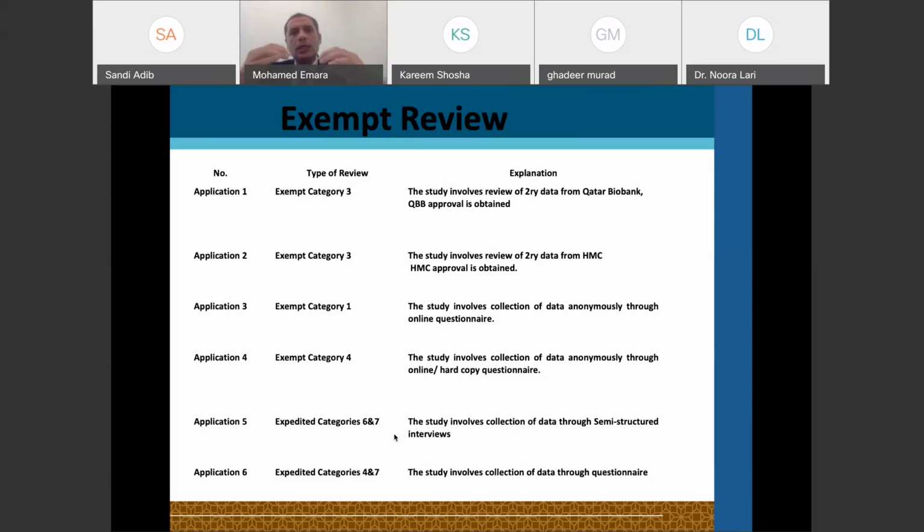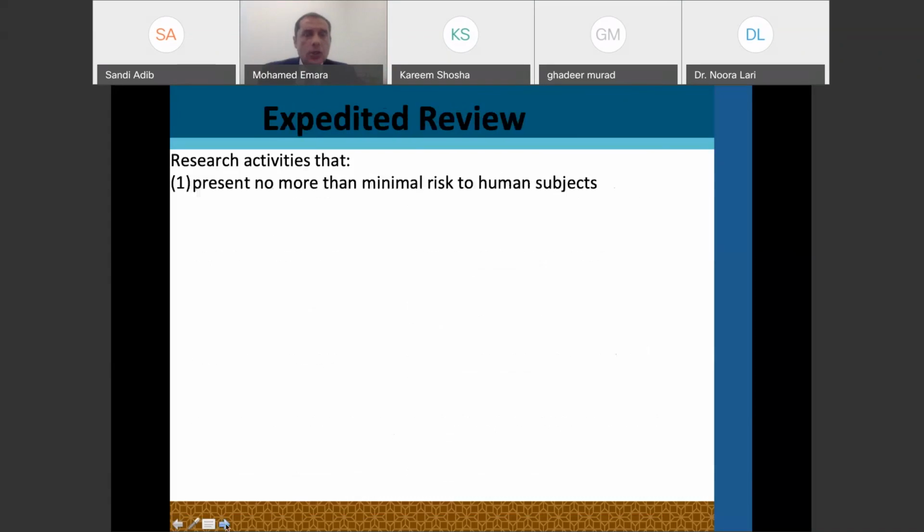Anyways, these are categories that explain where your application lies. So this was the exempt review, which is simple and to the point, and it really doesn't take time, inshallah. Once you apply, it goes there, it is screened to see if you fulfill all the requirements. If yes, you can get the approval within a few days, according to the review.